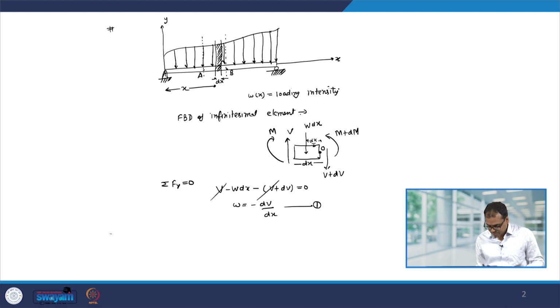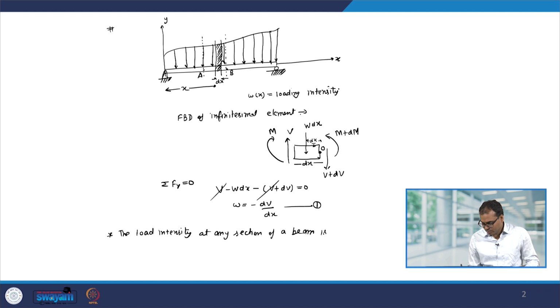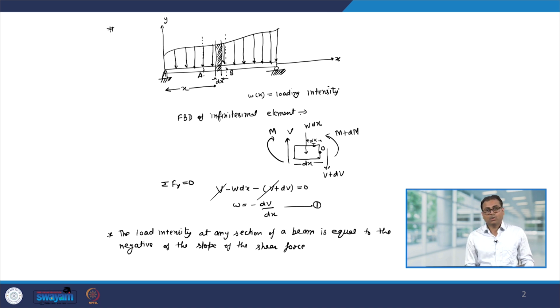This implies that the load intensity, which is W, at any section of a beam is equal to the negative of the slope of the shear force, because V was the shear force.